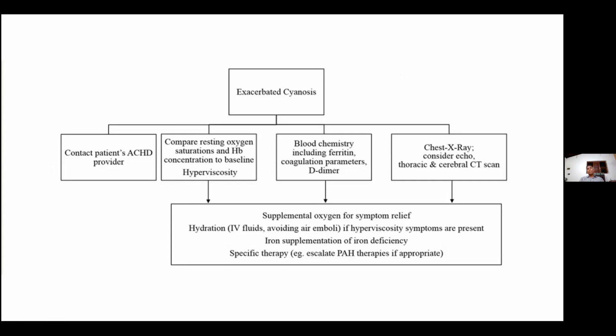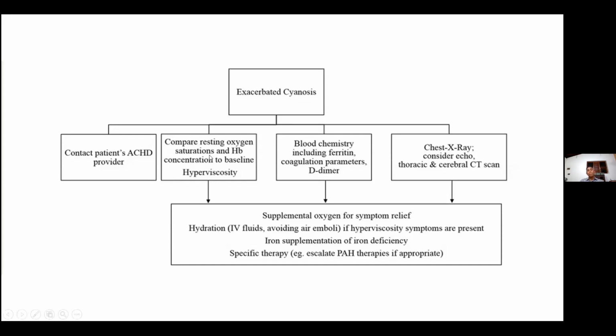The main thing is you should have all the records and you should contact the ACHD center, adult congenital center, or a pediatric congenital or pediatric cardiologist to see what should be done first and what interventions are possible. Whether nothing can be done, you have to manage medically, and conservative management should be discussed with the patients.